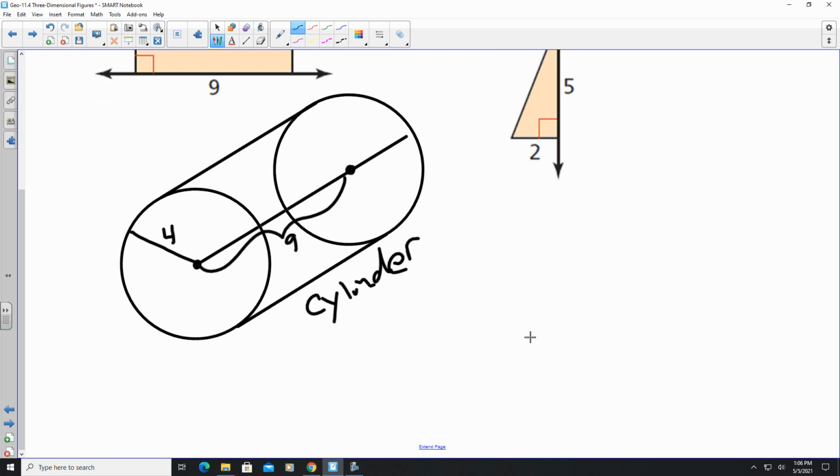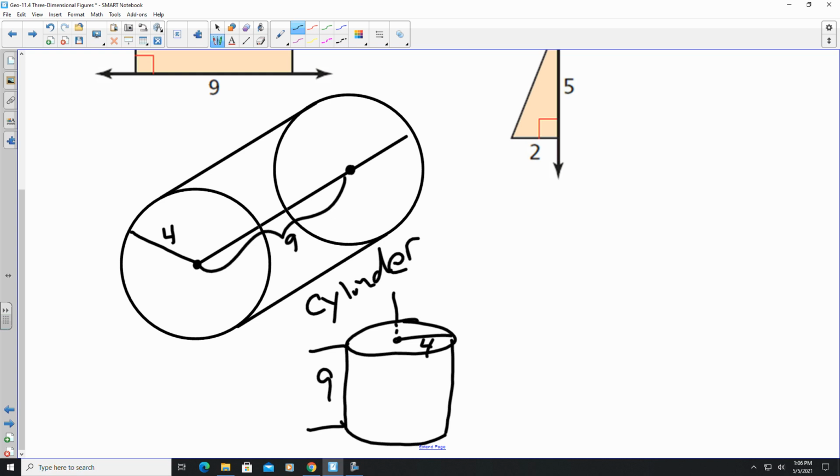If you wanted to make it as a drawing, you could do something like this, where this is 4, and this is a value of 9, and then this is that axis that it appears to be.